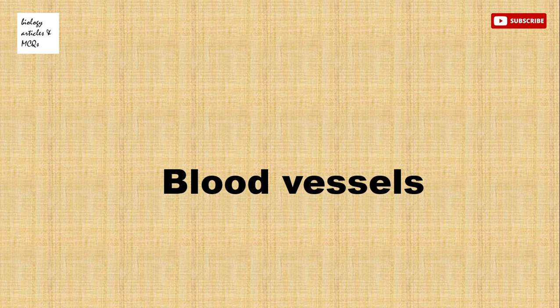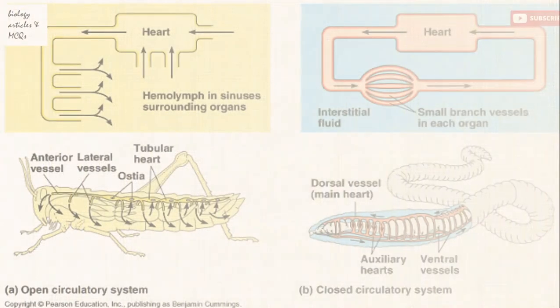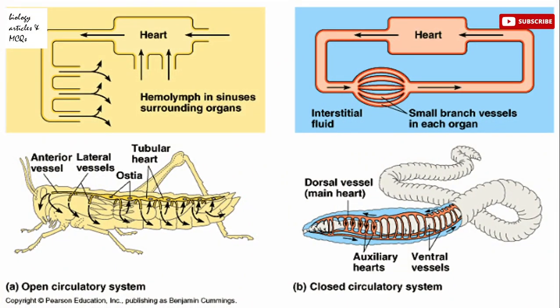Guys, why are they called open and closed circulatory systems? It is simply on the basis of the presence or absence of blood vessels. In the closed circulatory system, there is an interconnected system of arteries, veins and capillaries present, while in the open circulatory system there are no typical arteries, veins and capillaries.